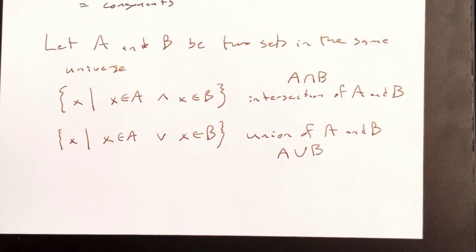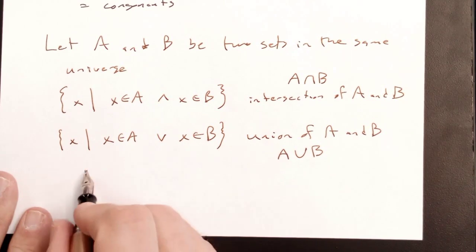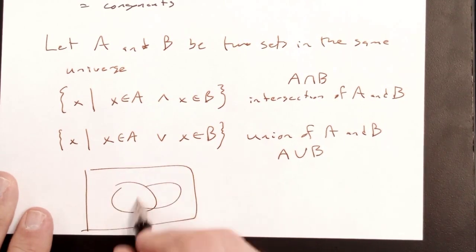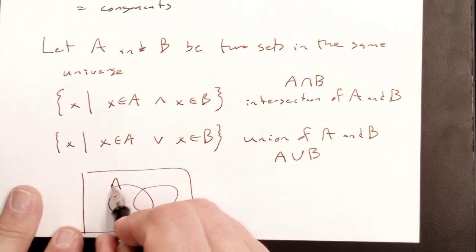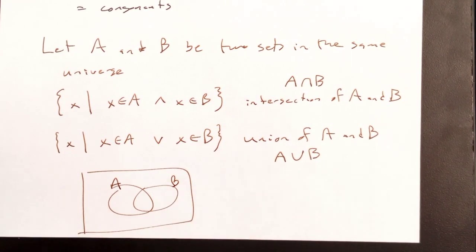We make a Venn diagram here. I've got two sets in the same universe, means my Venn diagram is going to have two circles in it. I'll label the one on the left A and the one on the right B. Which do you want to do first, union or intersection?